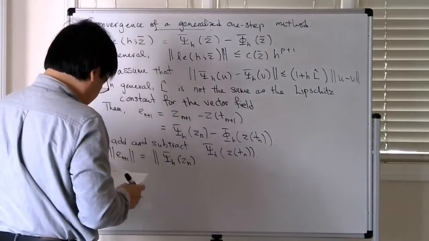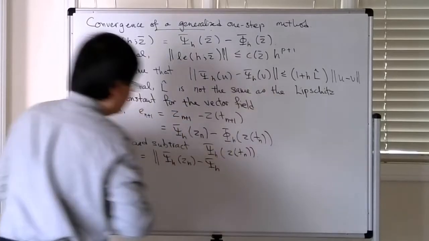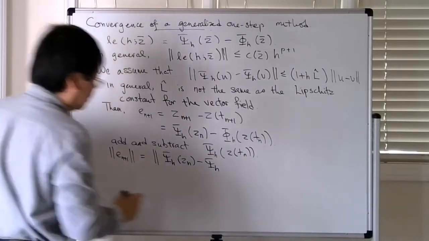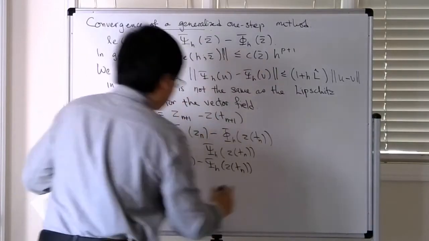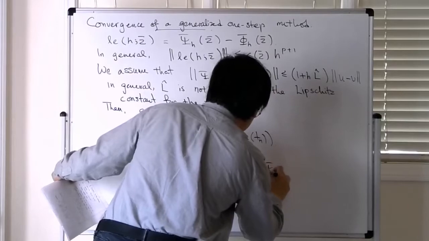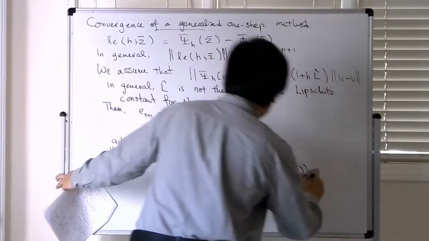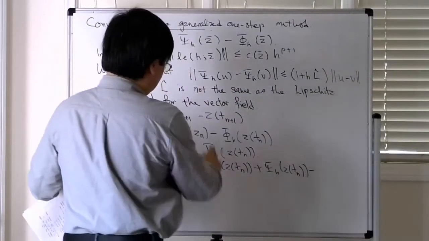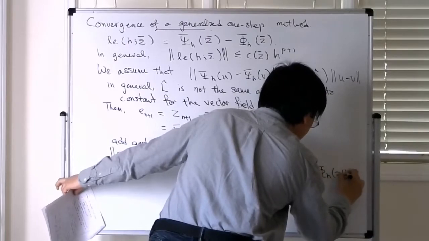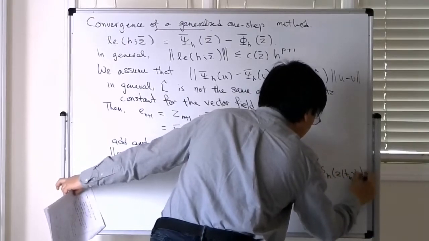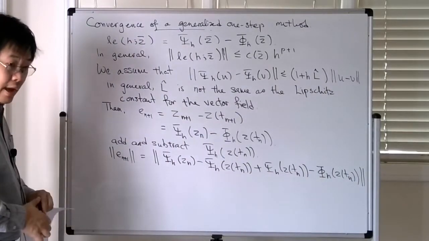Okay, and then I'm going to subtract off this term, which is the numerical flow map applied to the exact solution at time tn. Okay, and I'm going to add it again, and then subtracting off now the exact flow map at tn.